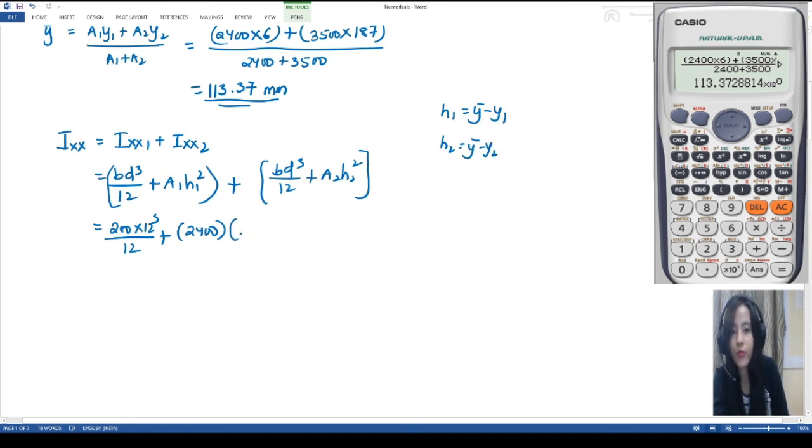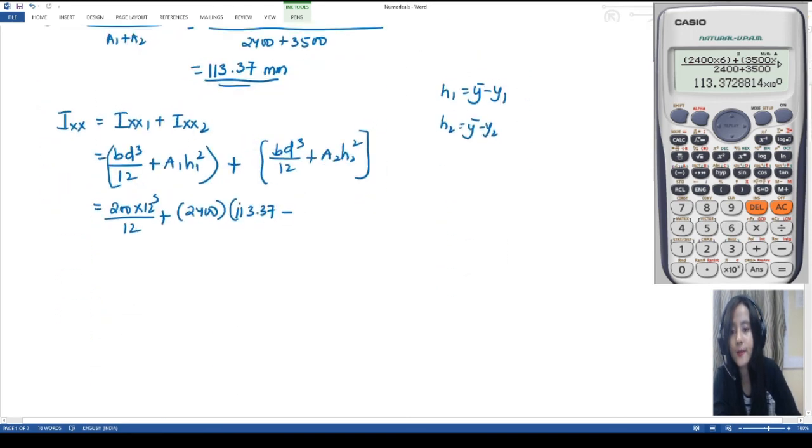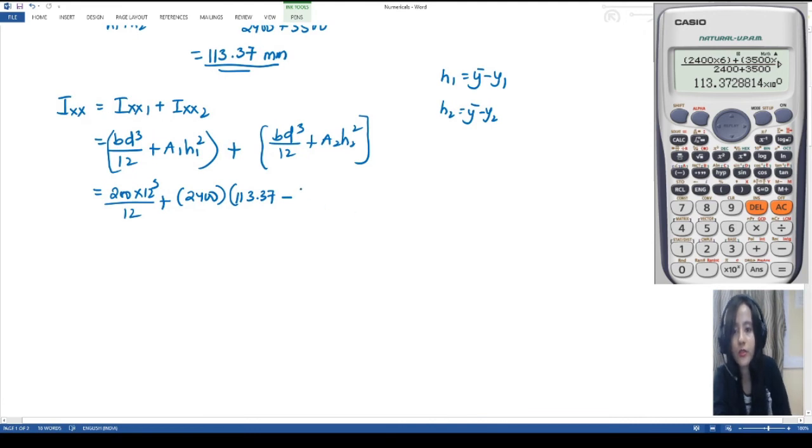So y bar is 113.37 minus y1, which is 6, squared. This is my Ixx1.